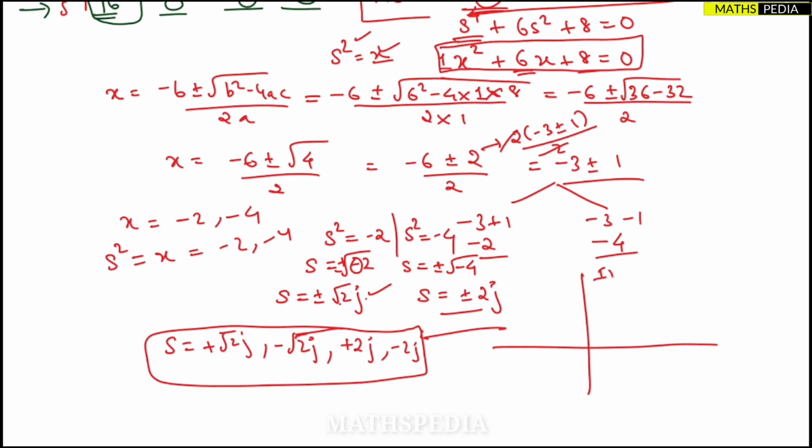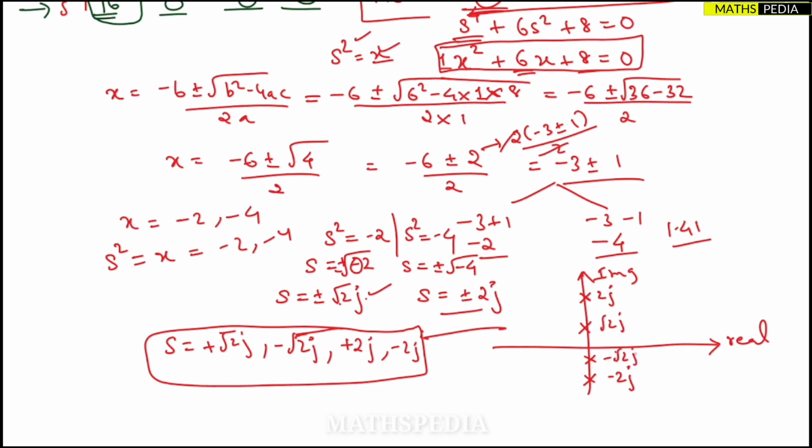So this is the imaginary line, this is the real part line. Okay, 2j I can mark here, plus 2j, so minus 2j will be here. Then root 2j, root 2 value is nothing but 1.41 something, right? So root 2j means 1 point something, somewhere around here I can mark. Okay, this is root 2j, minus root 2j will be somewhere here.